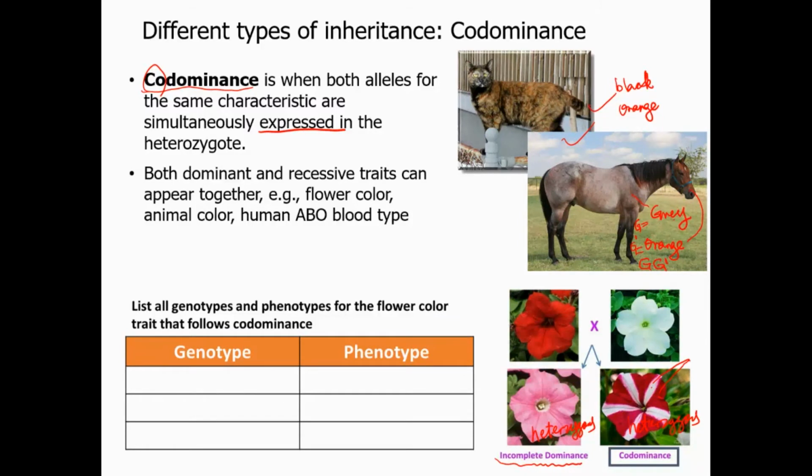All right, so let's again practice filling up the table. For the color, just to make it a little bit easier to understand and less confusing, we are going to use R for red. And then you can use maybe W for white, or you can use R prime for white, sorry.